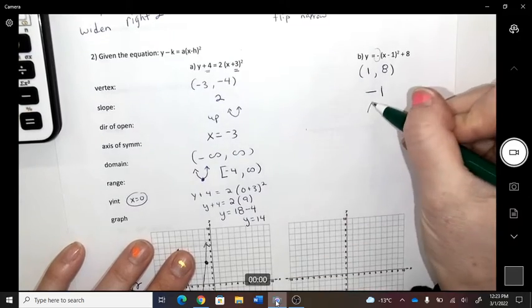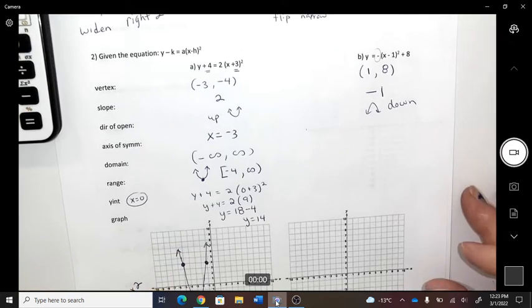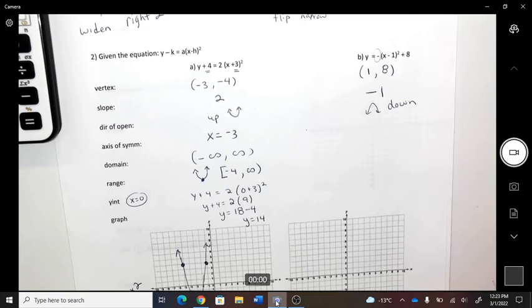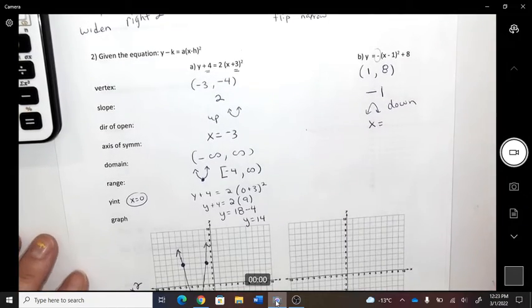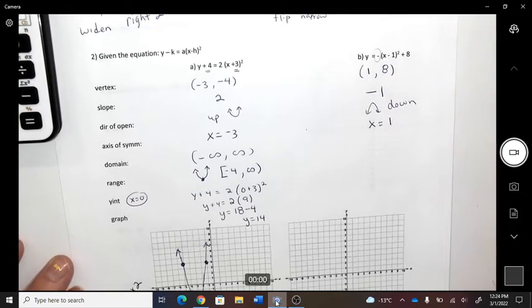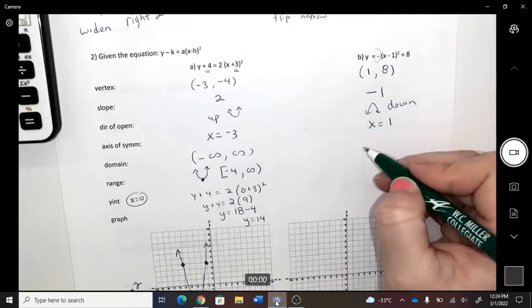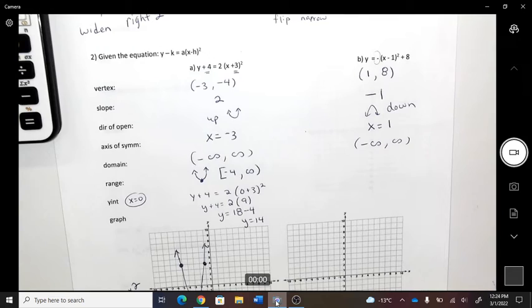So therefore it will open downward. The axis of symmetry, x equals, and then you have to think about what x value it cuts through. So that would be 1. Domain, same old, -infinity to infinity.